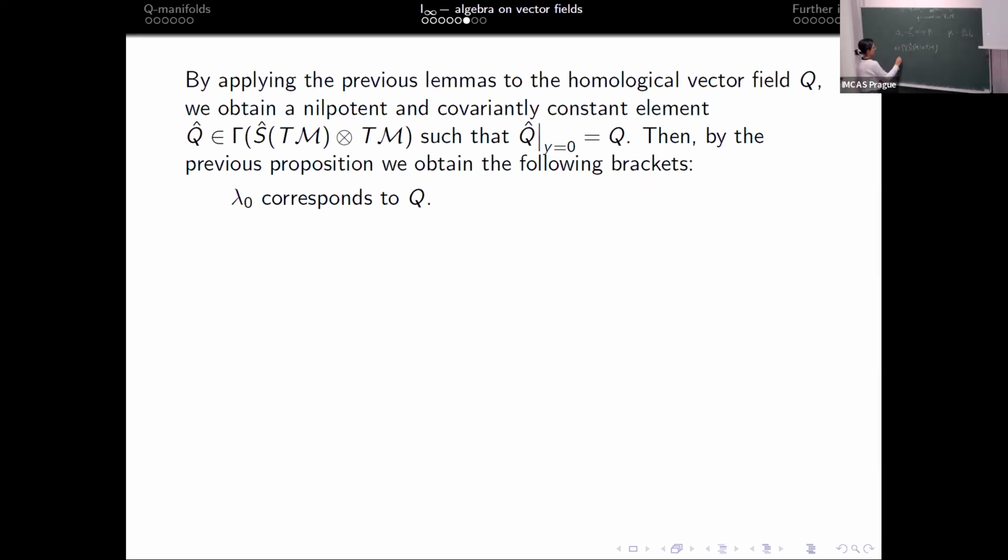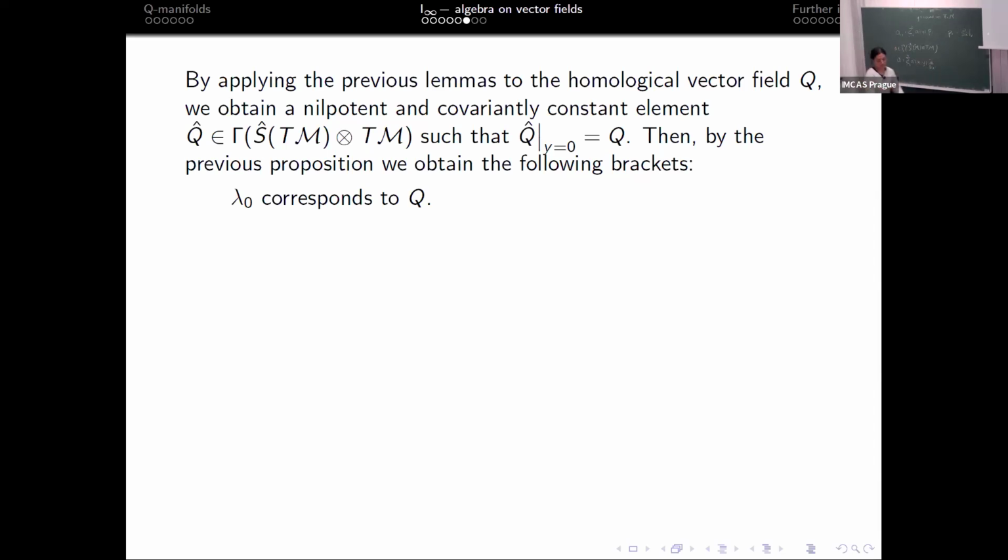So I will write something like this. Now this coefficient is moving with x as well. So you have the usual smooth function at the base and formal power series in this variable. And now you can write something like this.